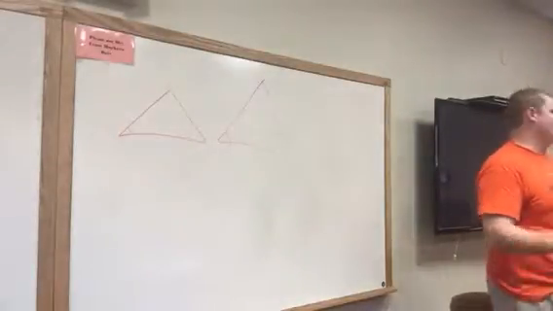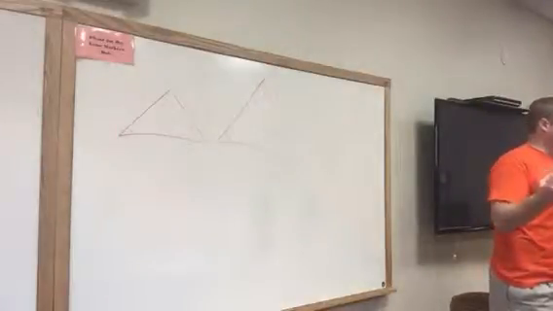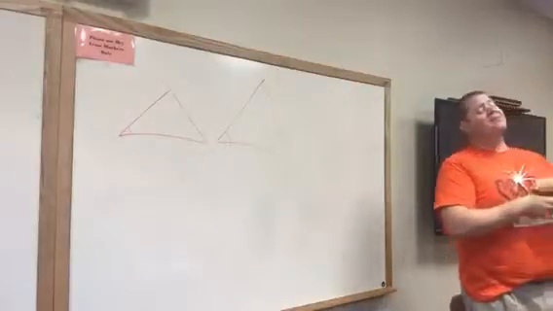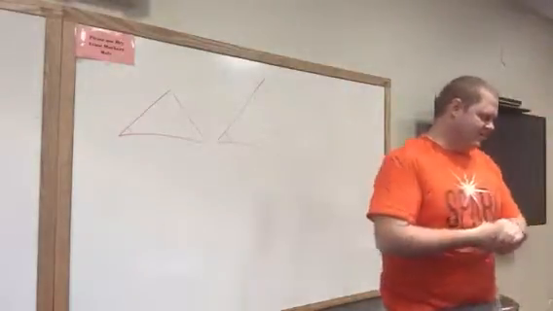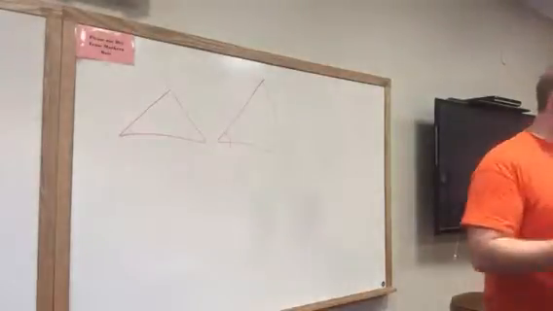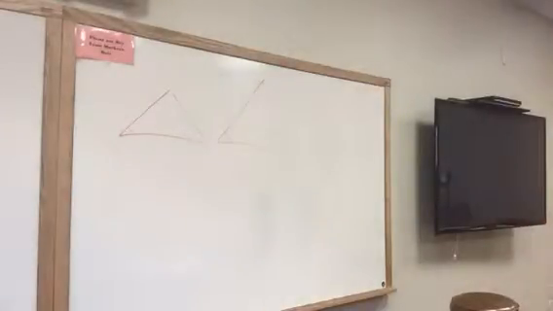The sides must be what? Not equal, but anybody want to guess? Proportional. Very good. So the sides have to be proportional. So here's what we're talking about. If you have similar triangles, what will be proportional? The sides are going to be proportional. So here's what we're going to do. We're going to give you a list of 4 things that are exactly proportional.